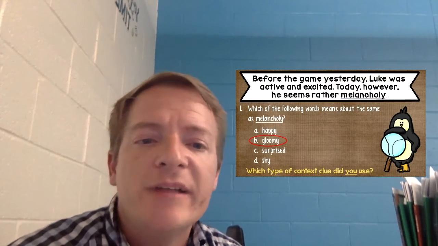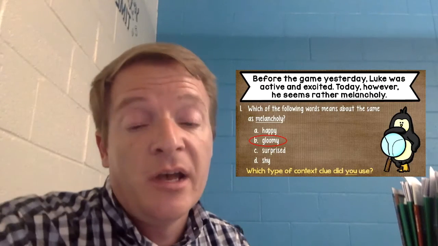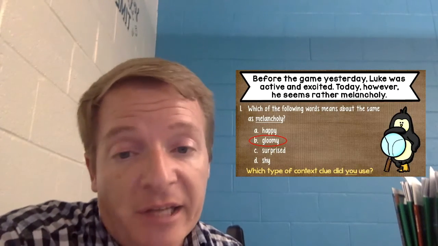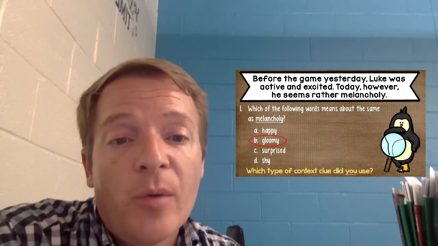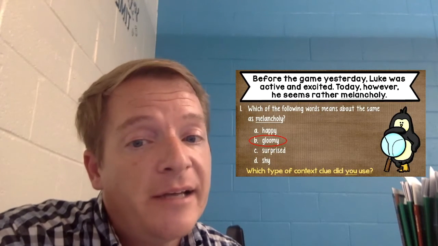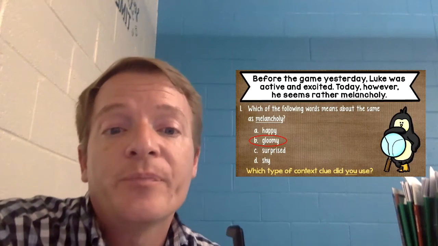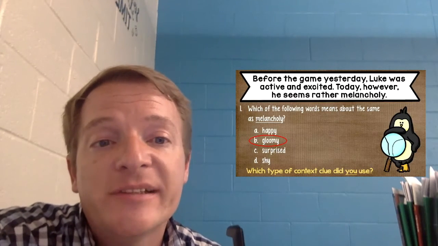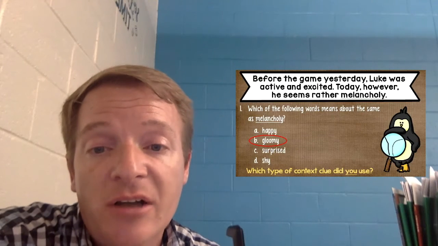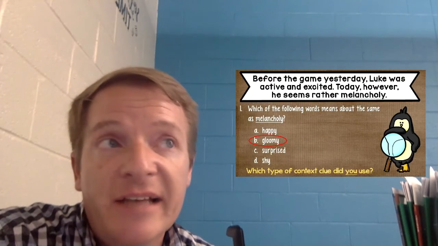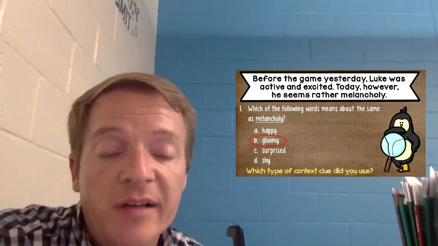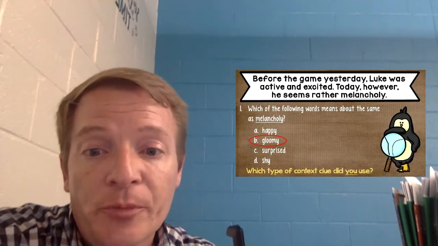But what they want to know is what type of context clue did we use? Now, if you remember, we had explanation, we had definition, antonym, synonym, things like that. If you look at this one, before the game, he was active and excited. Now he's melancholy. To me, that's saying he's the opposite of what he was. So that one is an antonym clue.